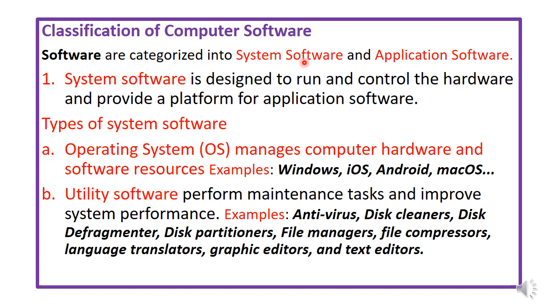In few words, a system software is software which helps the computer components to operate without problems. We have some types of system software, including the operating system, abbreviated as OS.